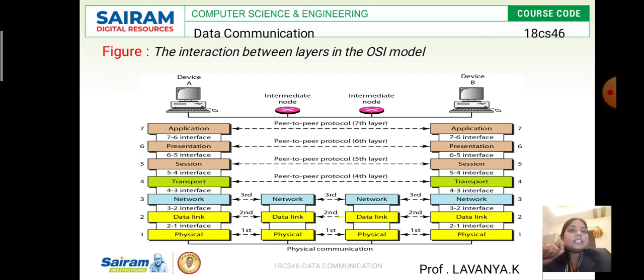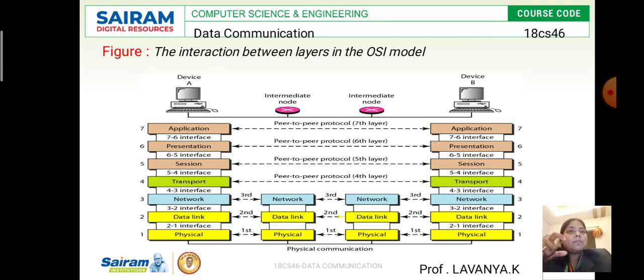Those electrical signals are going to transfer the bits, or transfer the data, from one device to another device through the transmission medium. So this is what actually happens at the physical layer.